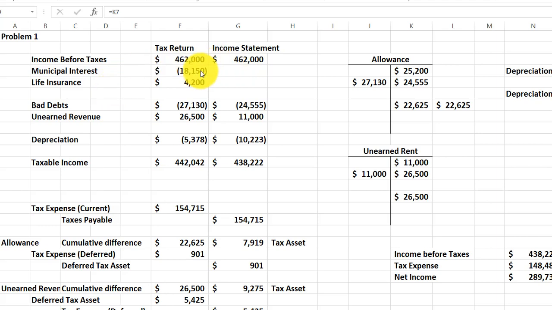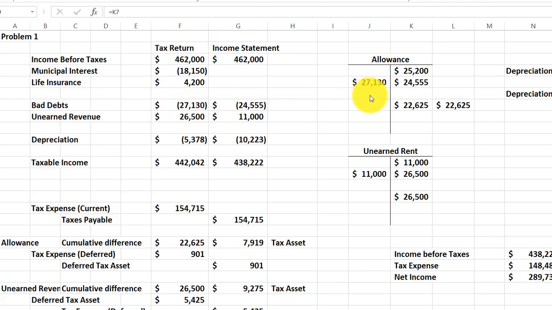Every situation in real life will be a little different as to how it's laid out, as to what is included and what is not included when we start. But in this case, we're going to make the assumption that those two are not included in the original number, but are differences on the tax return versus the income statement, permanent differences. So we know those aren't our biggest concern. Those are the easy part.